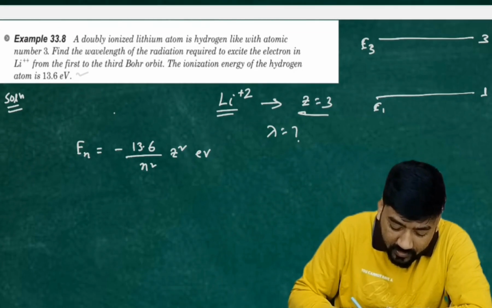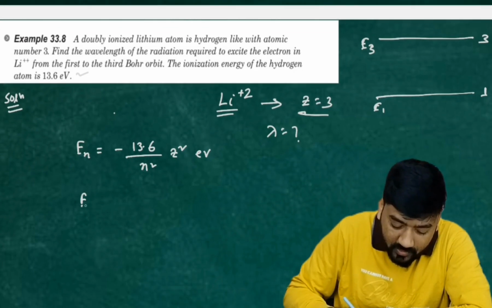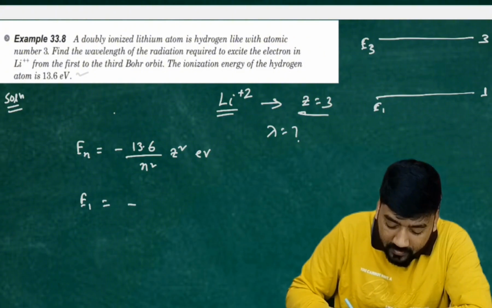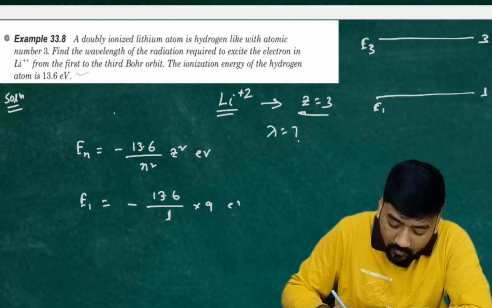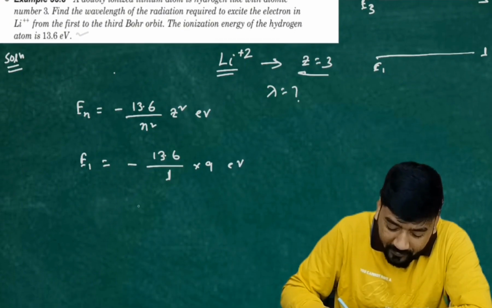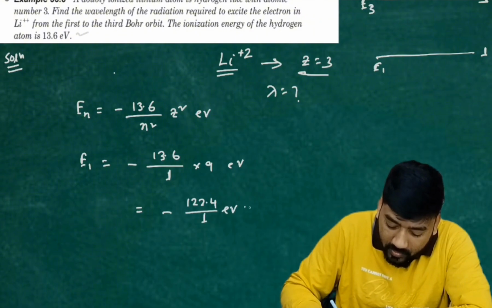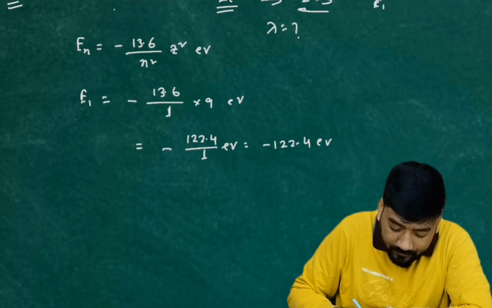So you can write here E1, and that is equal to minus 13.6 upon 1 into Z is 3, so it will be 9, electron volt. Now if you calculate this, we will get minus 122.4 electron volt.